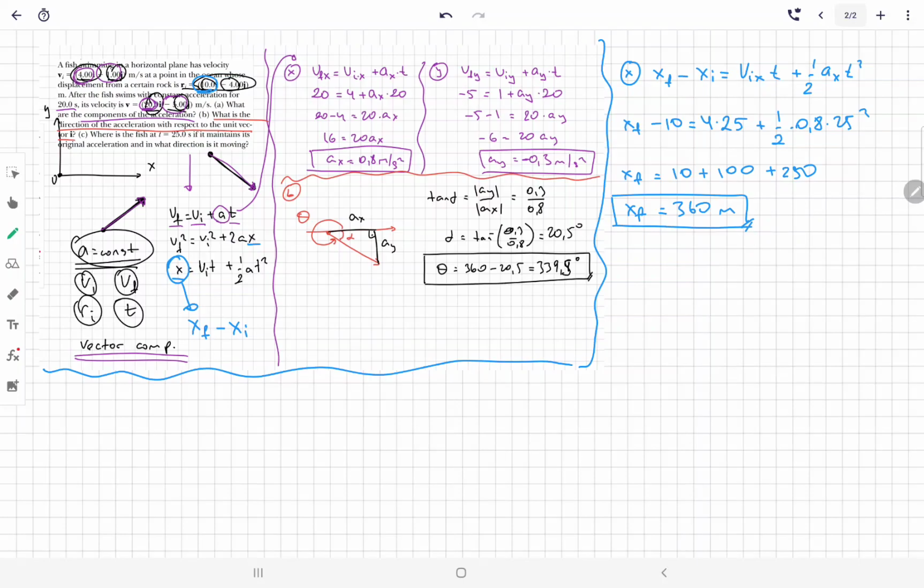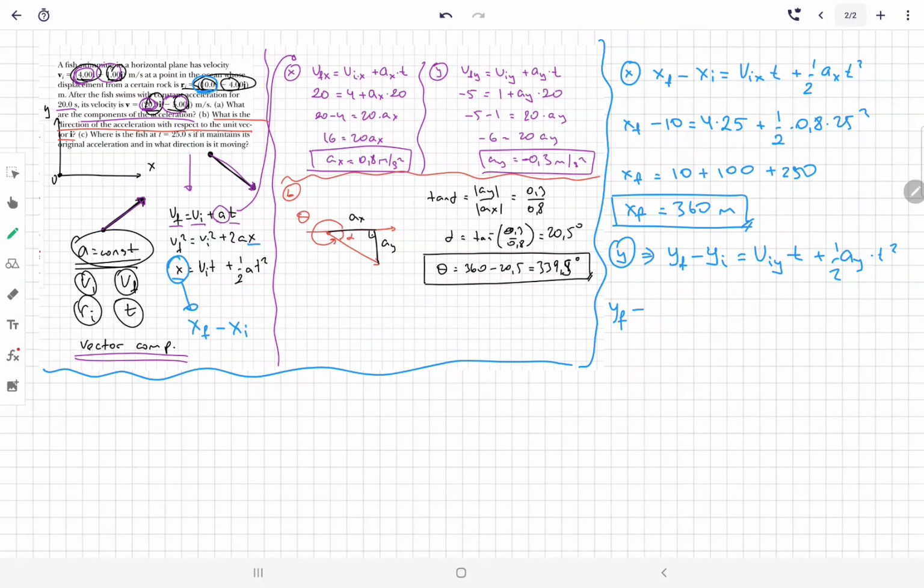Same equation we need to apply in vertical direction. So y direction. Final position in vertical direction minus initial position in vertical direction equal to initial velocity in y direction times time plus 1/2 acceleration in y direction times time square.